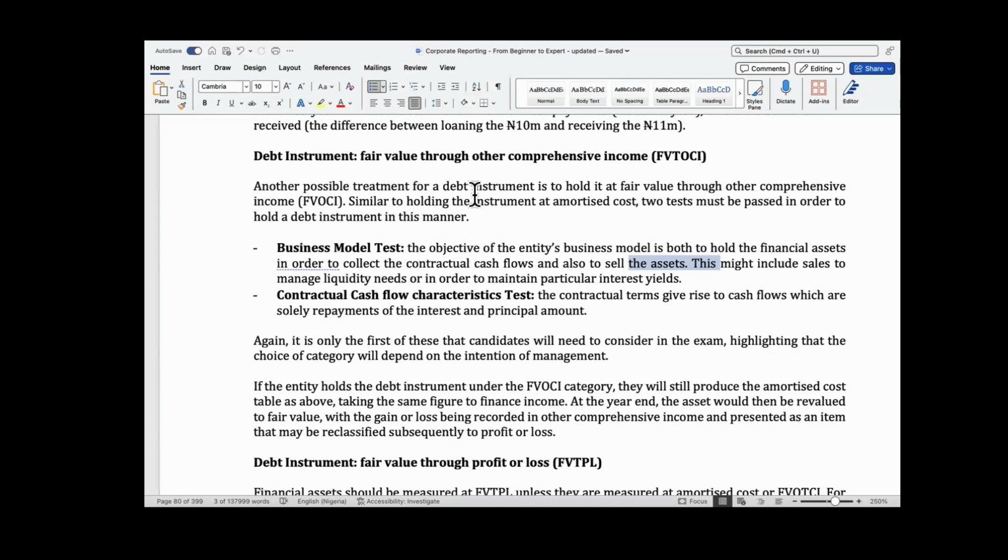Okay, so the way it works is this. There's always a contract, right? And the contract will say invest, and you invest for a certain number of years. So when you invest 10 million, that 10 million is a separate instrument for 3 years.